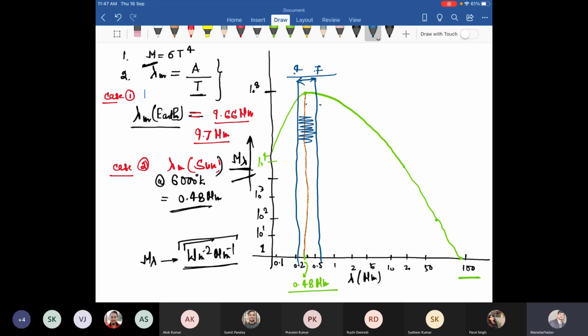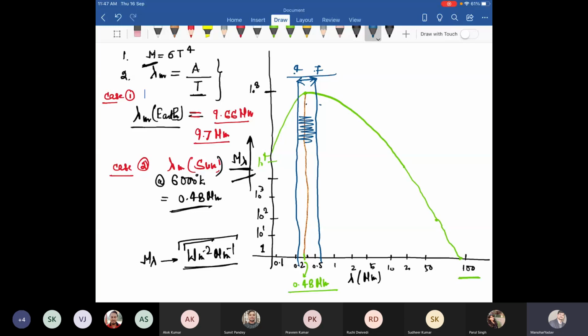So within the visible spectrum, the energy radiated from Sun is maximum, compared to the wavelengths before and after that. So this is one inference you can draw from here. The second inference: as we discussed previously, if the wavelength is greater than 100 micrometer, then very low energy reaches the Earth surface in that particular wavelength.